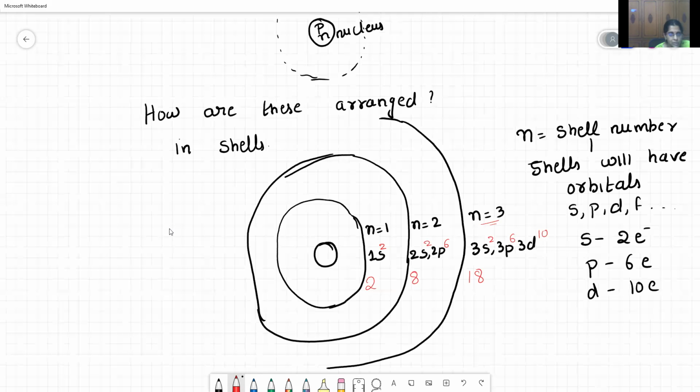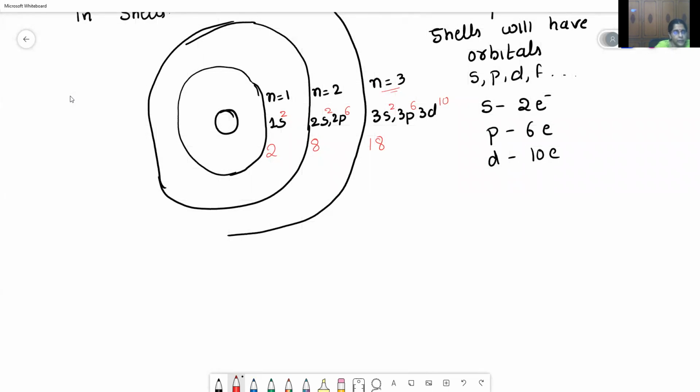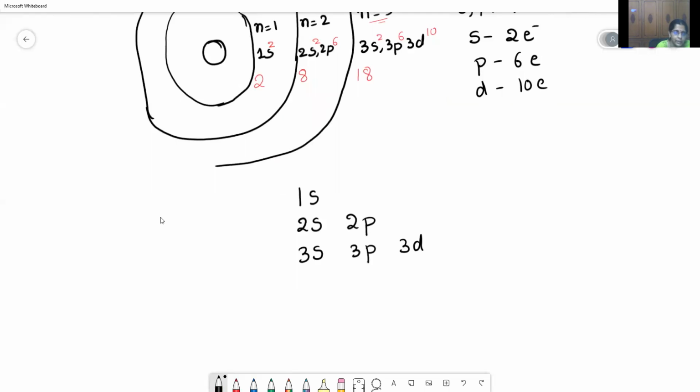Now the question is, which orbital gets filled first? You don't just start filling 1s, 2s, 3s. For that there is a rule. Let me write all these orbitals one by one: 1s, 2s and 2p, 3s, 3p and 3d, and then in the fourth shell 4s, 4p, 4d and 4f.